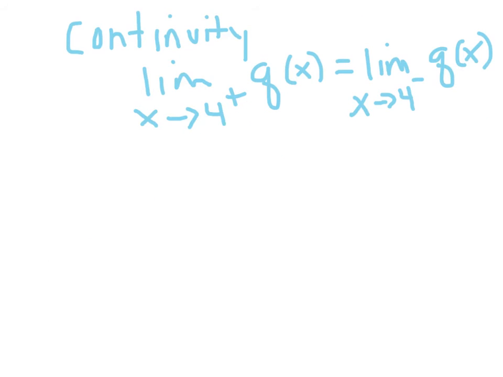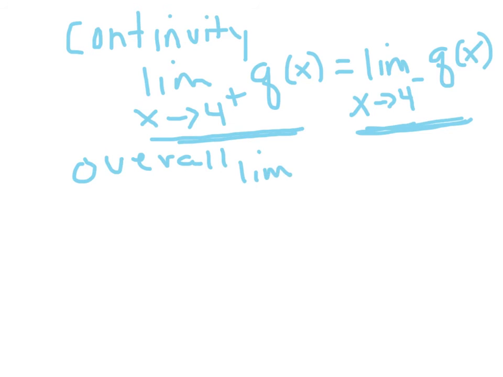When we're looking at continuity, this problem shows that what we have to look at is whether the left-hand limit equals the right-hand limit, and I'm pointing those backwards, okay? In our case, both of the limits equaled 16. Since both sides equaled 16, there is an overall limit, which we can write: the limit as x approaches 4 of q of x is 16, okay?